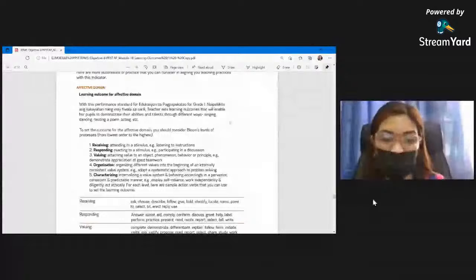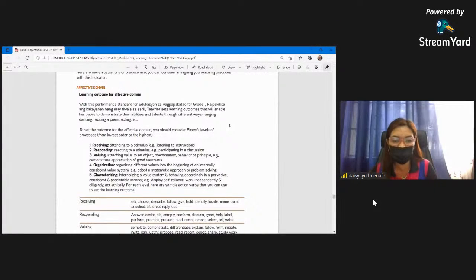Example, adopt a systematic approach to problem solving. Then characterizing, internalizing a value system and behaving accordingly in a pervasive, consistent, and predictable manner. Example, display self-reliance, work independently and diligently, act ethically. So, importante ni siya, no?